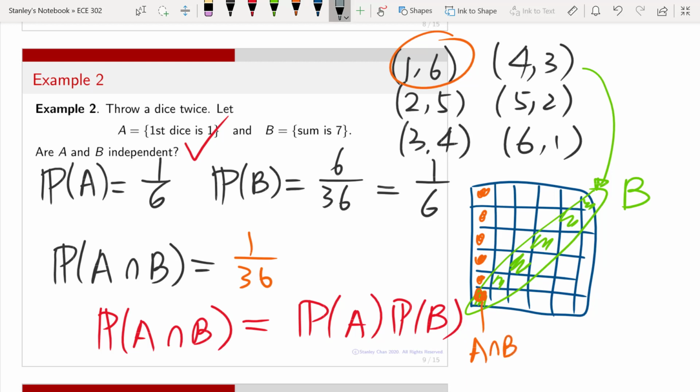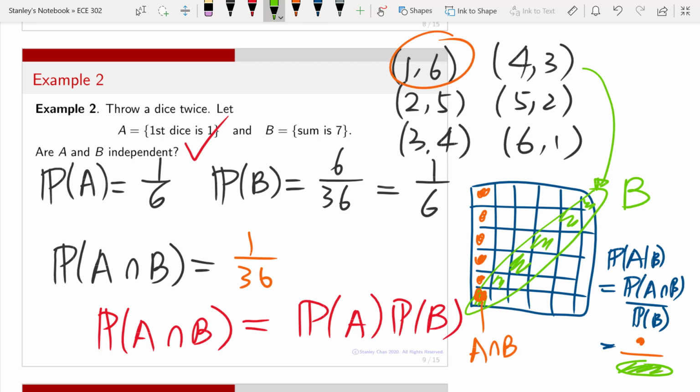And so now you can calculate what is the ratio. Well, the ratio between A intersect B divided by B. So here I'm looking at the probability of A given B. That is the ratio of the probability of A intersect B divided by the probability of B. That is the orange dot, this dot, divided by all these green areas, and so that will give you 1/6.